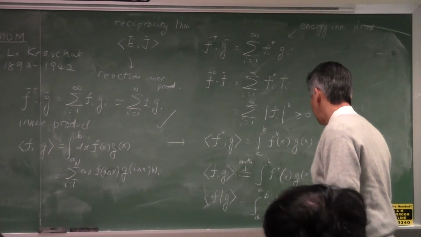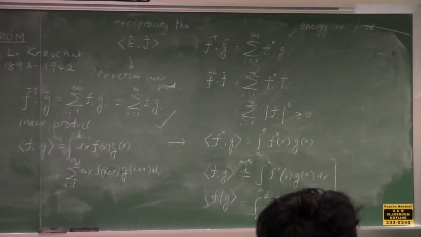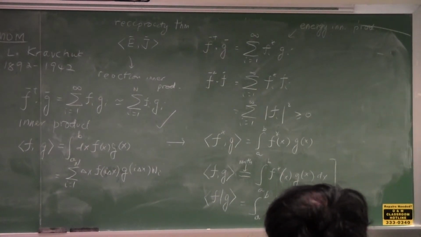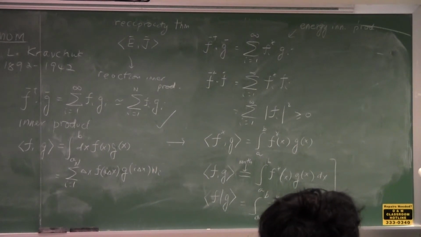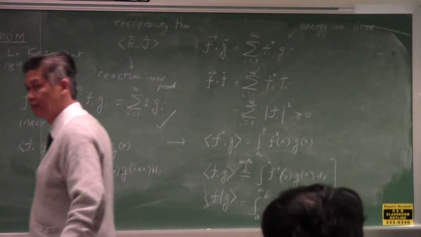But I just feel that this inner product is not sufficient to describe electromagnetic theory, because, as I said before, we have reactions that need to be defined properly. Are there any questions so far?